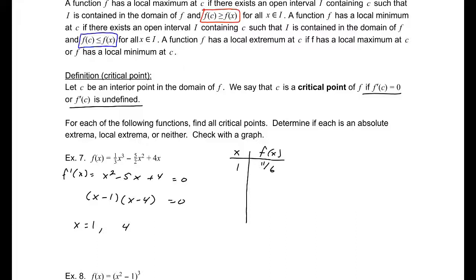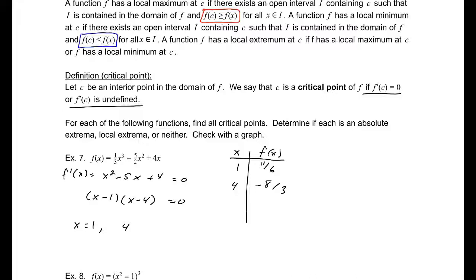Right, now if we evaluate that function at 4, 1/3 x cubed minus 5/2 x squared plus 4x, that is -8/3.